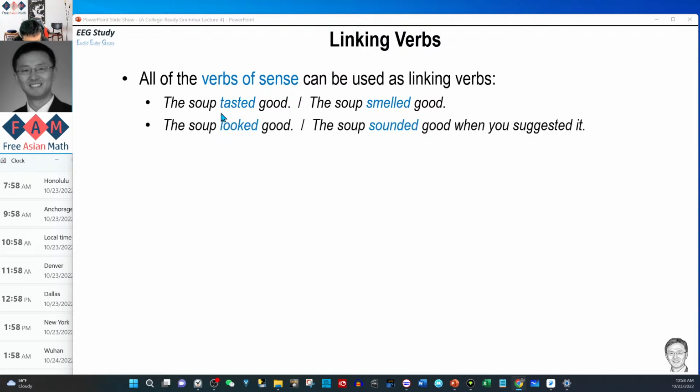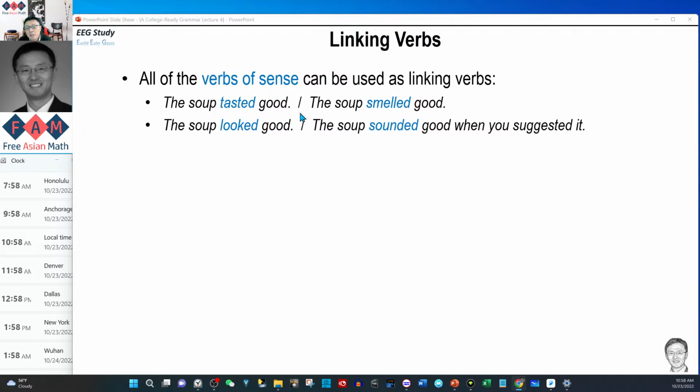So the soup tastes good because we can use our tongue to taste the soup, but the soup tastes good. Good here is about the soup, directly related to soup. So the taste here is a linking verb. The soup smelled good.